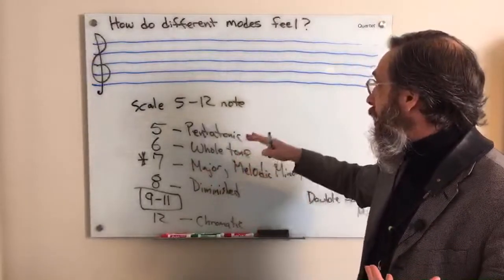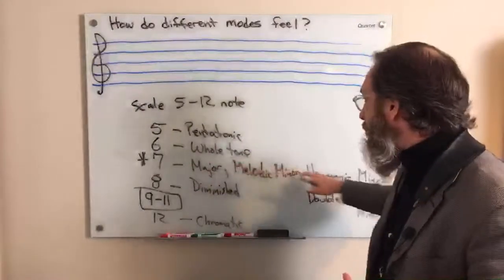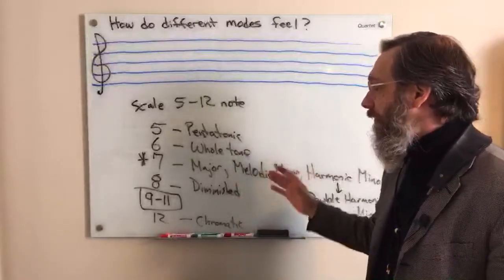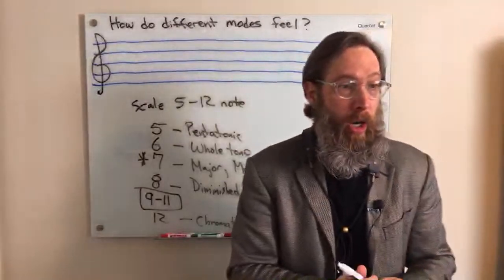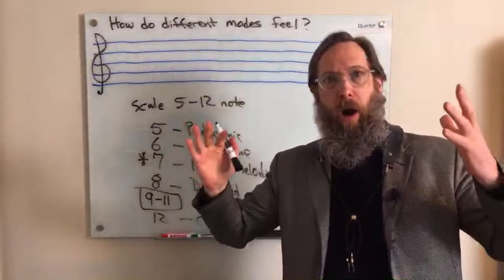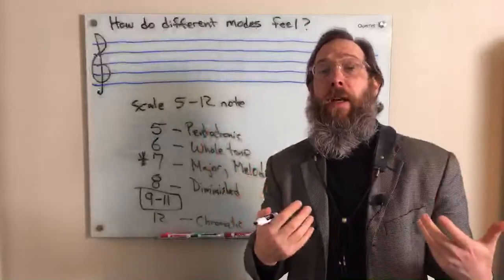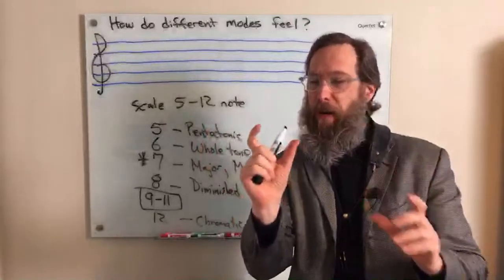But pentatonic, whole tone, all the different kinds of 7-note scales, diminished as 8-note scales, chromatic. All of these scales are essentially a collection of pitches with a specific relationship.